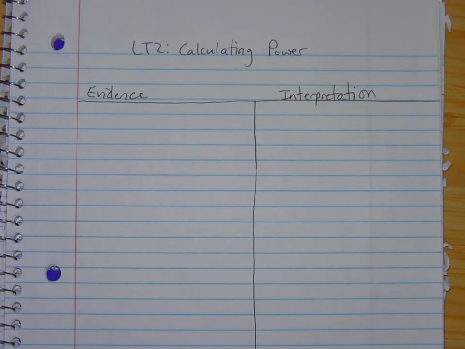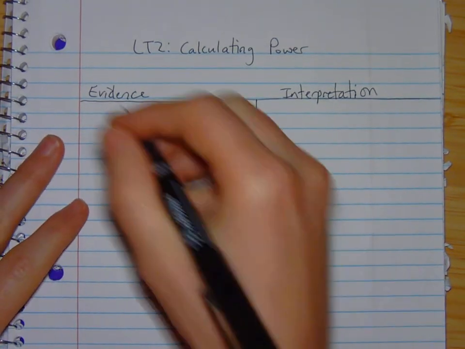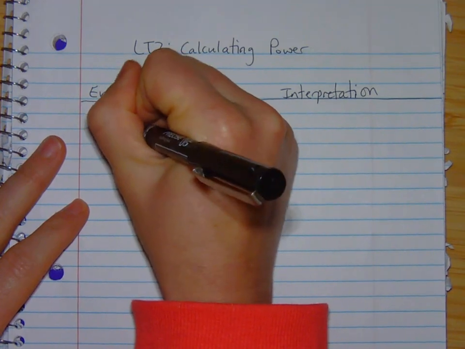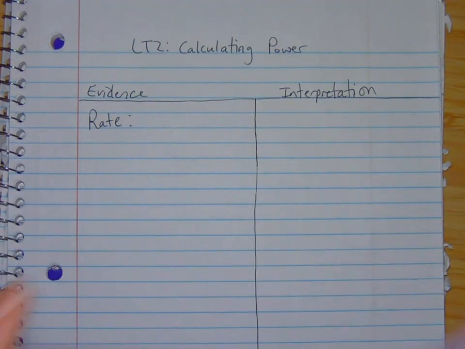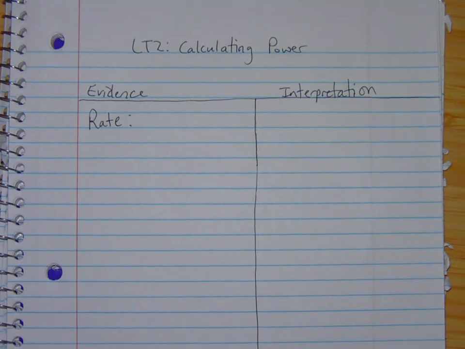So first thing, the word rate. Within the target, I can calculate the rate at which energy is used. One of the most common rates that maybe you've heard is a heartbeat. It's our heart rate.